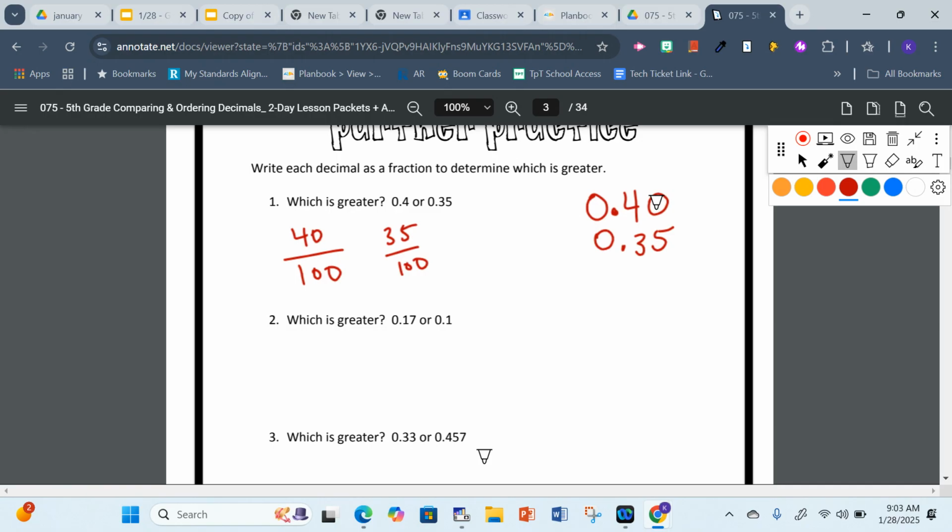Okay? So pick which one you want to do, and it would be 4/10 is bigger than 35/100. Because you're going to color in 4 whole tenths, and the other one's only going to have 3/10 colored in and a little bit halfway down the other bar for the 5 hundredths, okay? 5 little squares, okay? Do you guys visually see that?